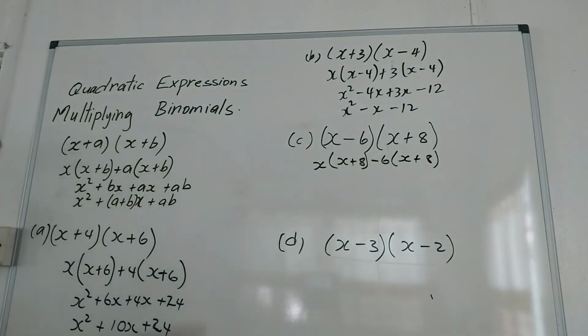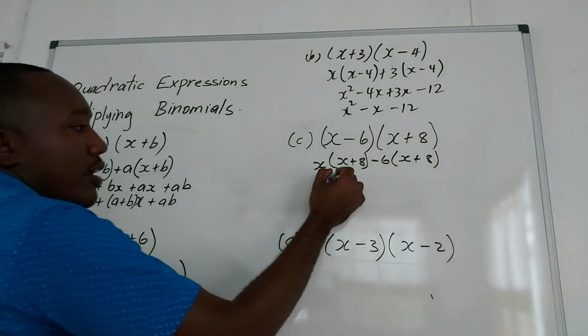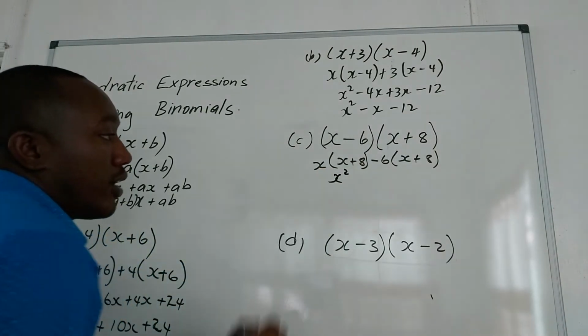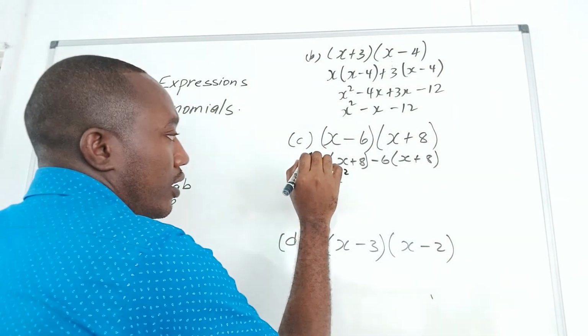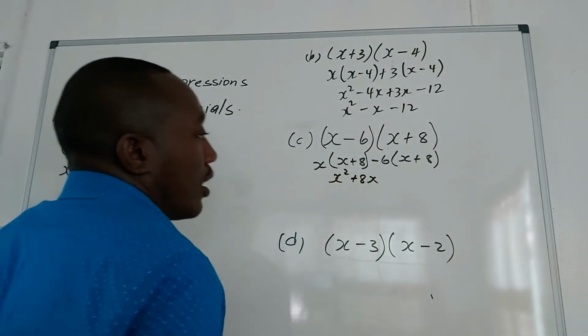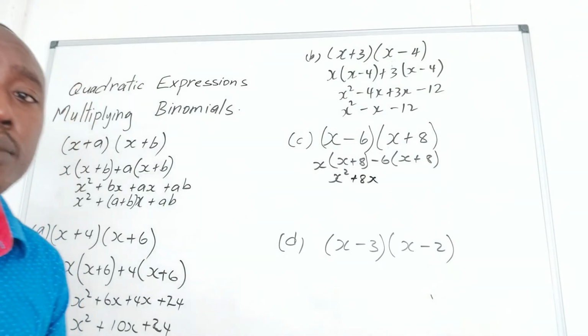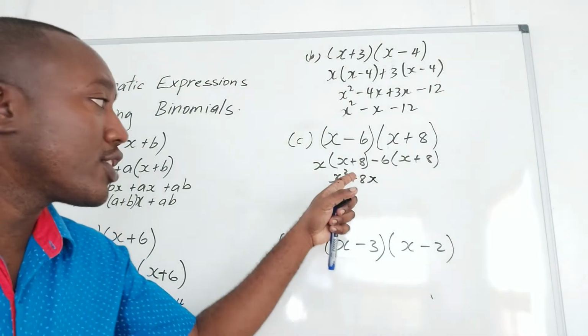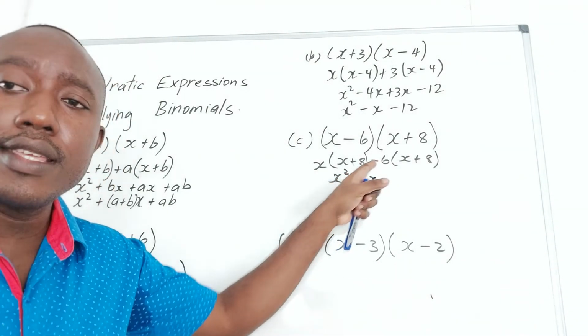So x times x will give us x squared. x times 8 gives 8x. Now here is where we need to be careful, because we must remember this is negative 6.